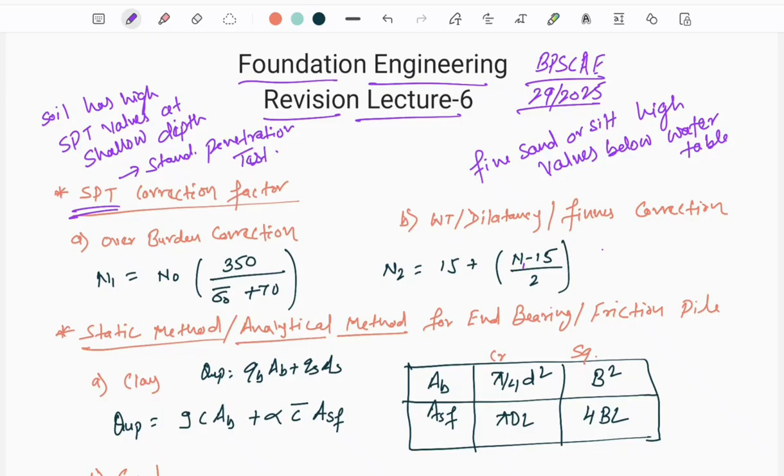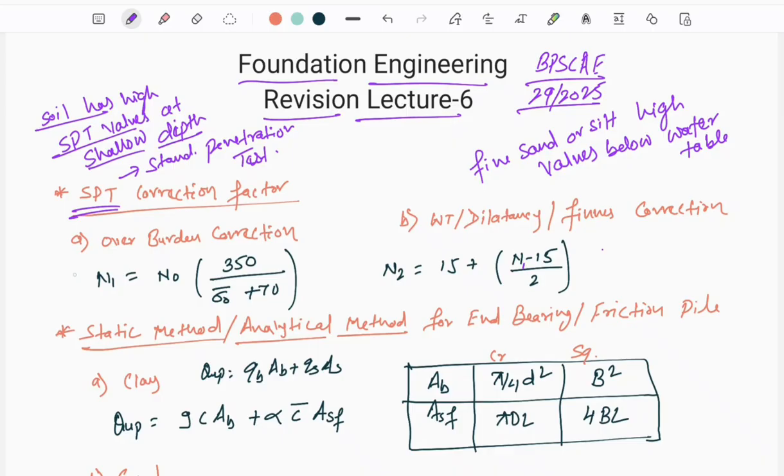If the soil has a high SPT value at shallow depth, then there must be a correction called overburden correction. Overburden pressure is the pressure due to soil. Due to this overburden pressure, this value may increase, so we need to reduce this value by this correction.